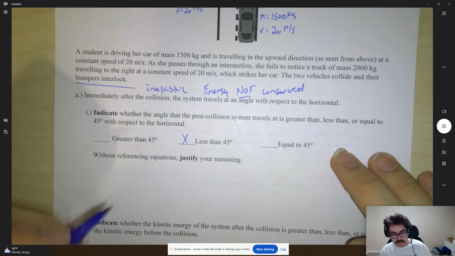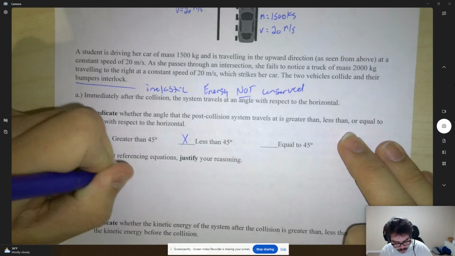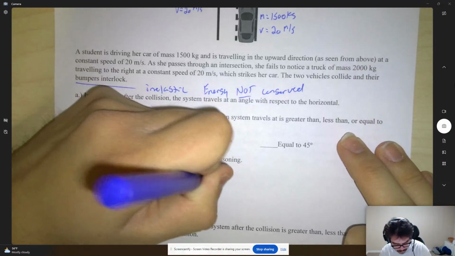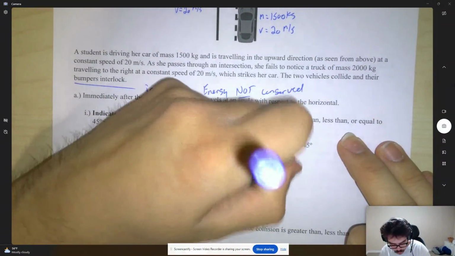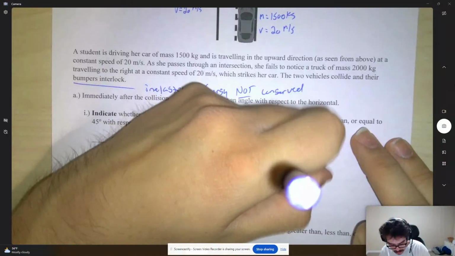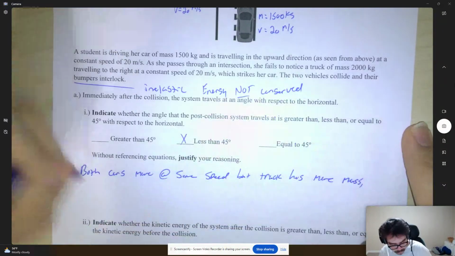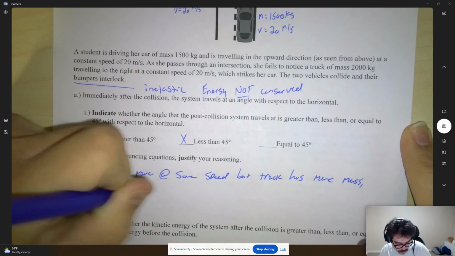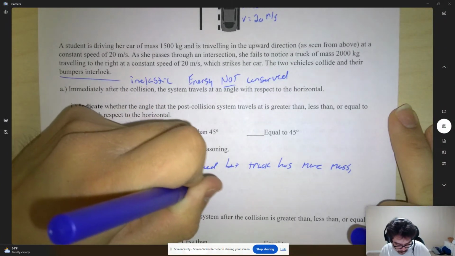Without referencing equations, I'm going to say both vehicles move at the same speed, but the truck has more mass, so the truck has more momentum.